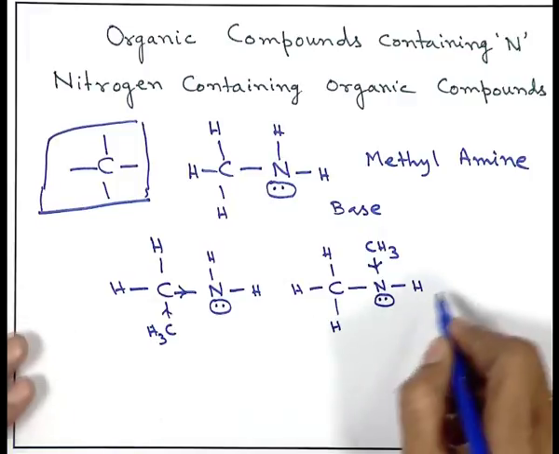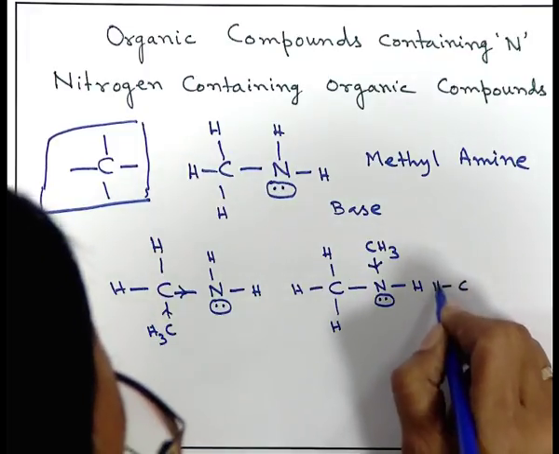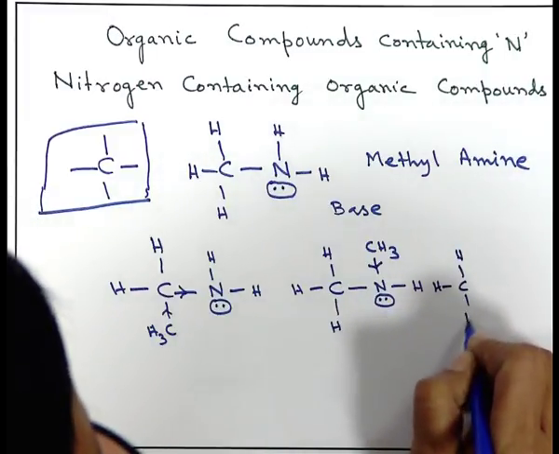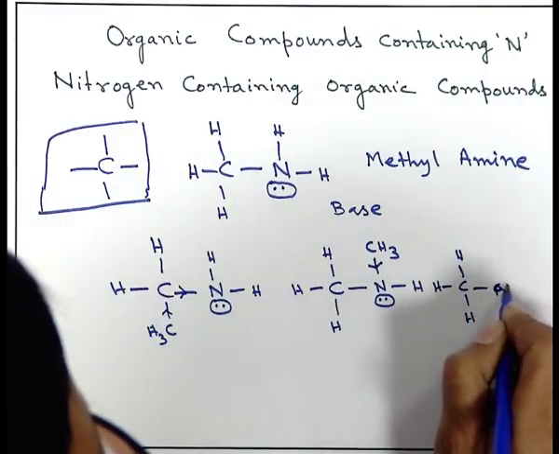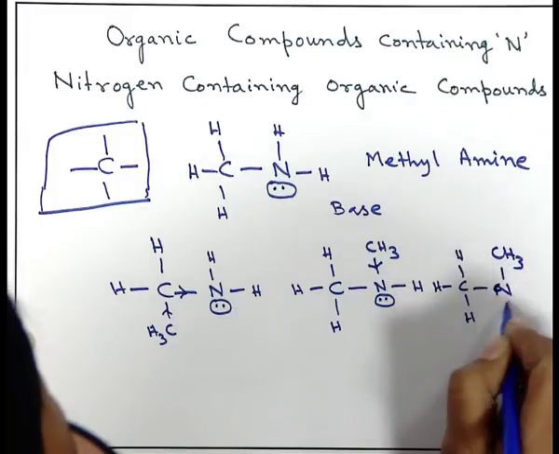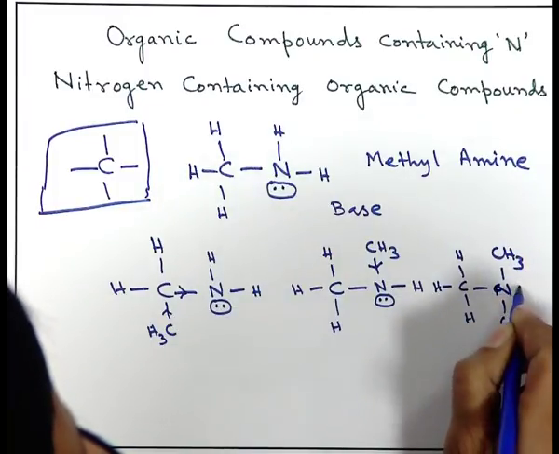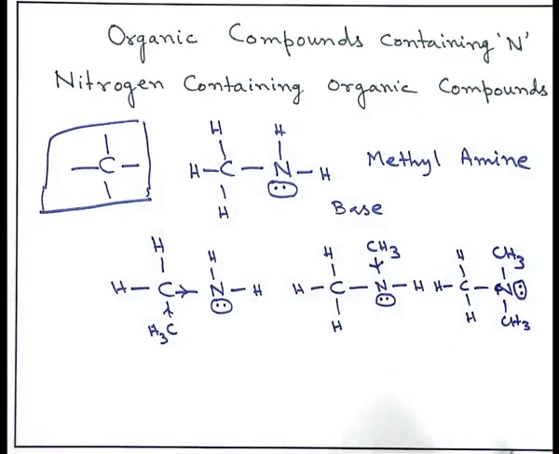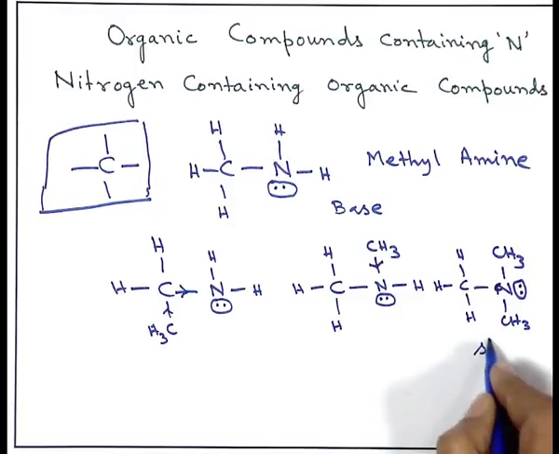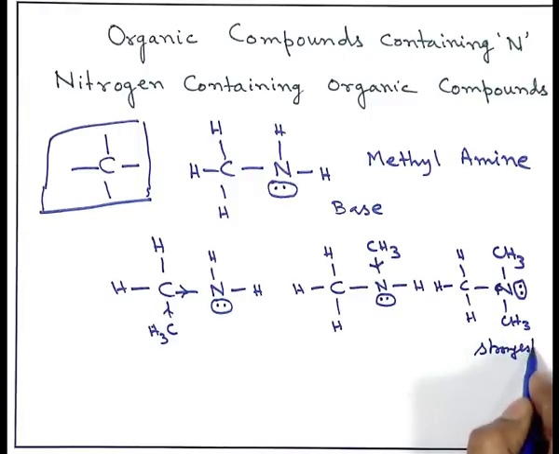And if I now increase one more methyl group into the system, that means N-dimethylamine, let me show the electron pair on the right hand side. What will be the nature of this compound? Obviously, it will be the most basic of the 3, or strongest among these 3.